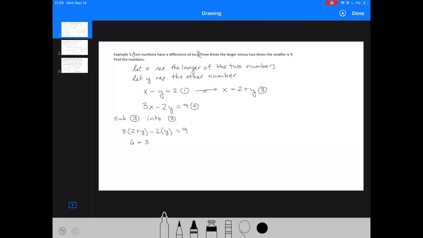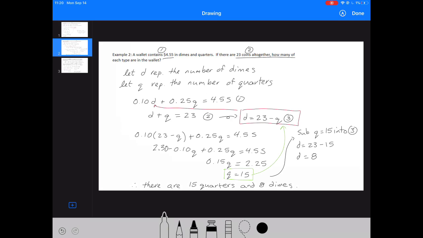Now I can simplify and solve in order to get y equals 3. So now that I've got my value for y, I'm going to substitute y equals 3 back into my equation number 3. So now I've got x equals 2 plus 3, which means that x equals 5. So therefore, the two numbers are 3 and 5.